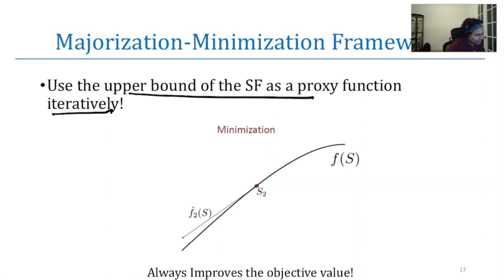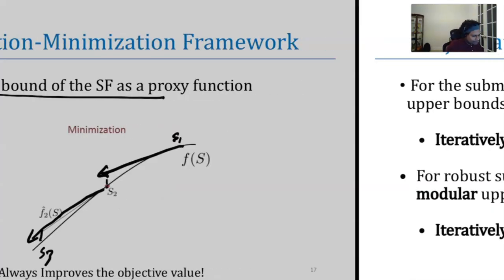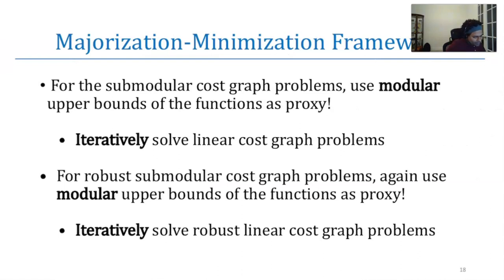So we start with a point, minimize the upper bound, obtain the set S1, then again minimize the upper bound, obtain S2, and then S3, and so on. We repeat this until convergence. The main idea is that we use upper bounds and iteratively solve linear cost graph problems. So this is without the robustness.